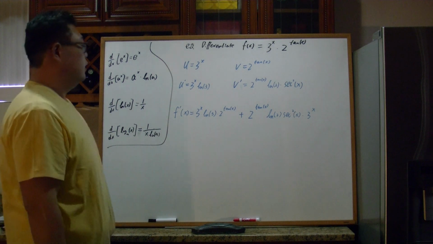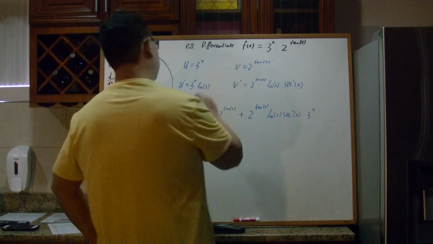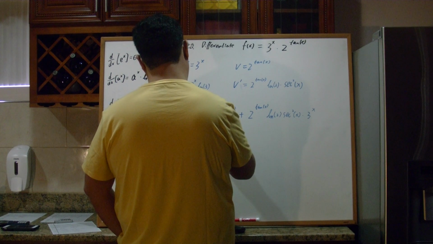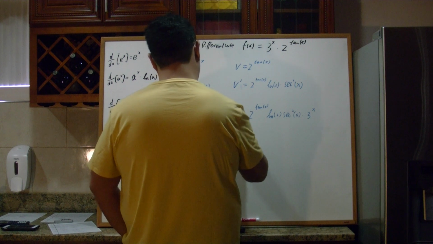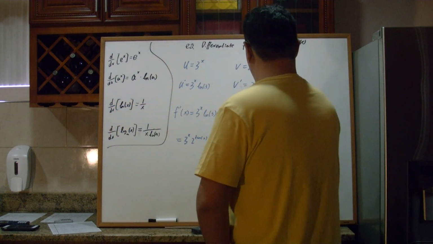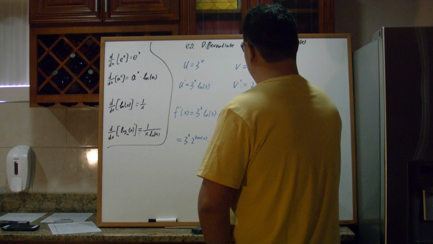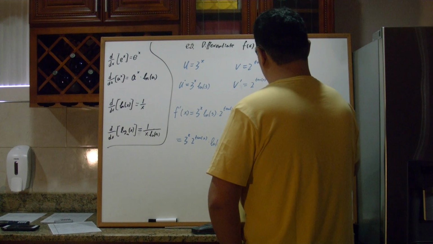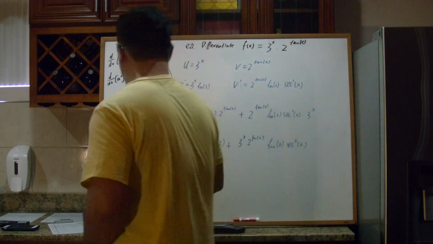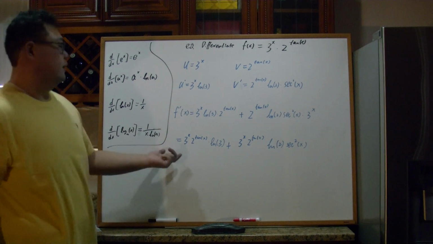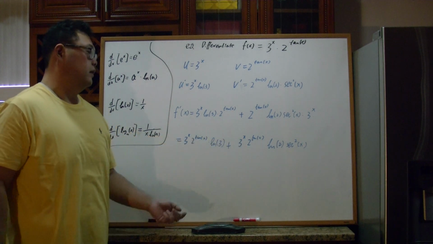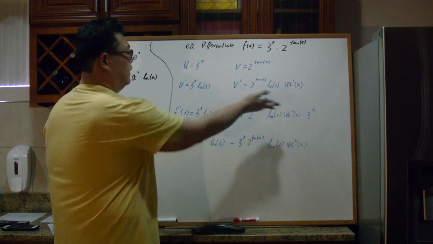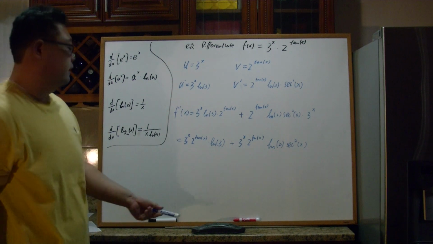You could keep the same order provided in the question: 3 to the x, 2 to the tangent x, natural log of 2, 3. 3 to the x, 2 to the tangent of x, natural log of 2 times secant squared of x. And still we have the common factor of 3 to the x, 2 to the tangent of x if you want to see. You could rewrite it into this format, but leaving it like the original is nothing wrong, it's also fine.